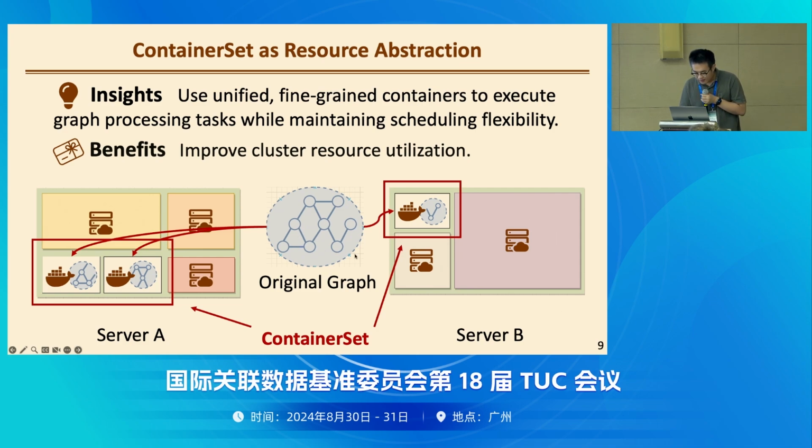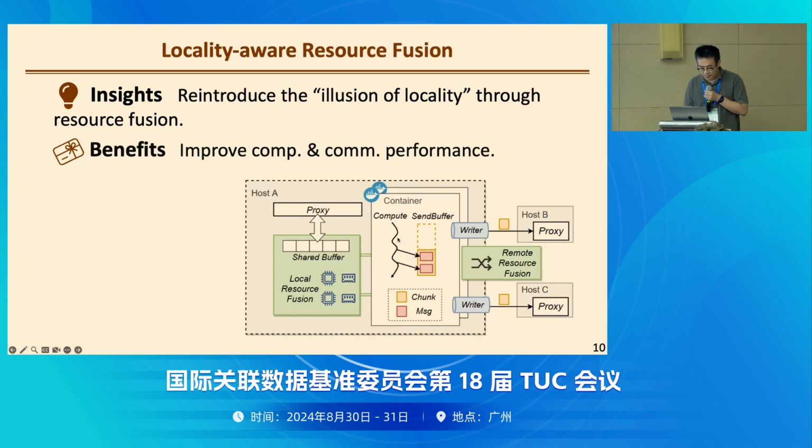As shown in the figure, these containers can be distributed across multiple servers and collocated with large containers or VMs from other users. This flexibility in scaling enables us to leverage idle resources scattered across multiple servers, and it can improve the cluster resource utilization.